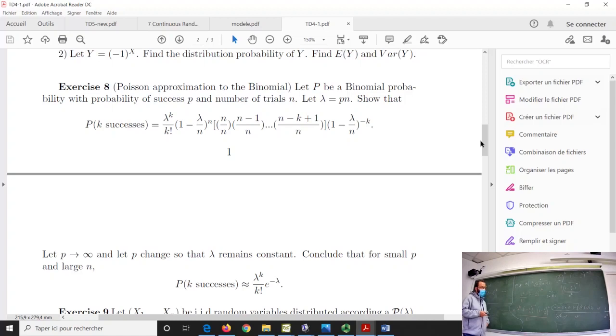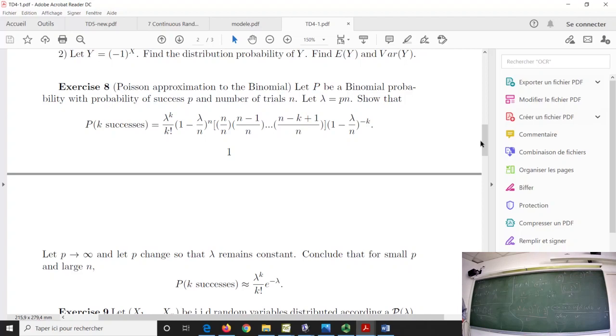And here, when I do n to the power k, it's n times n times n times n, k times. So it means that I can associate to any term here a 1 over n coming from this expression. So I will obtain n over n, n minus 1 over n, n minus 2 over n, until n minus k plus 1 over n.